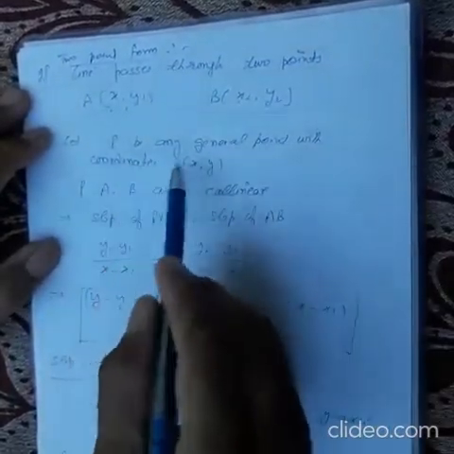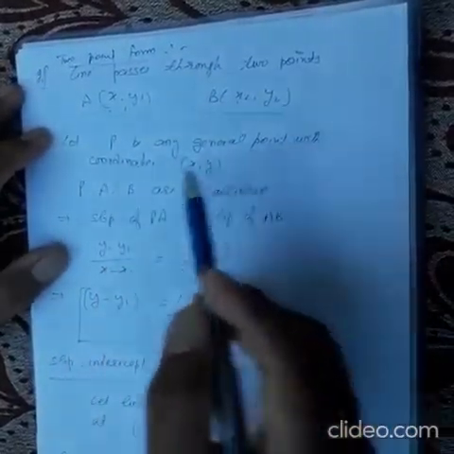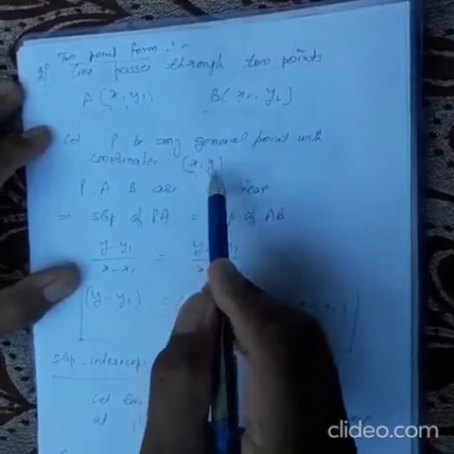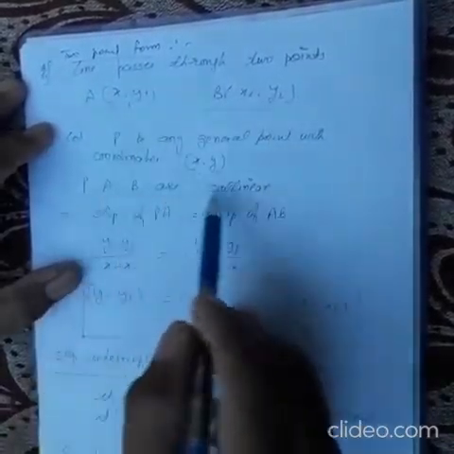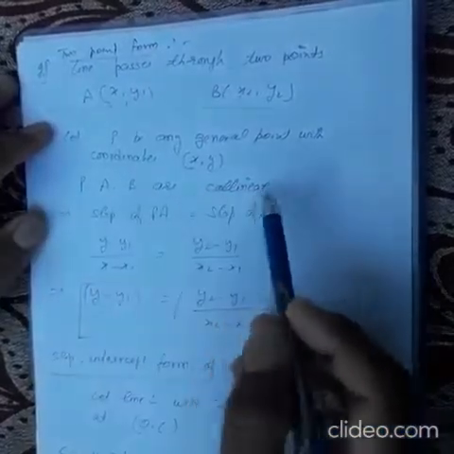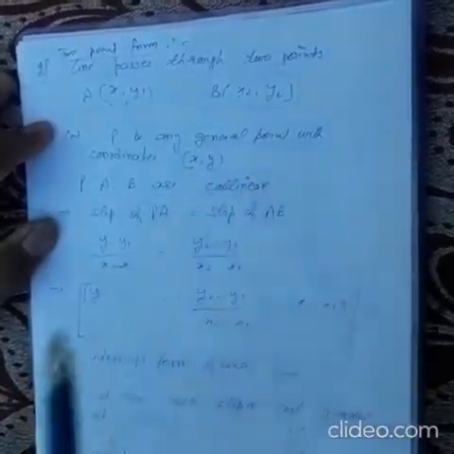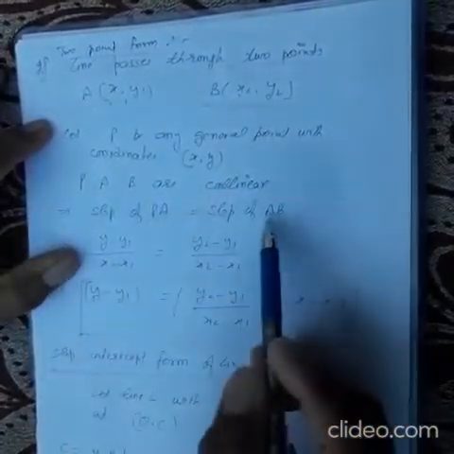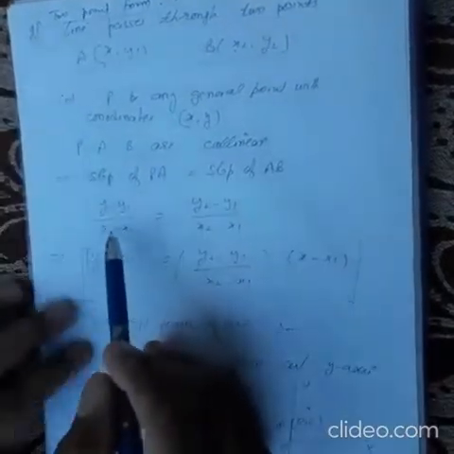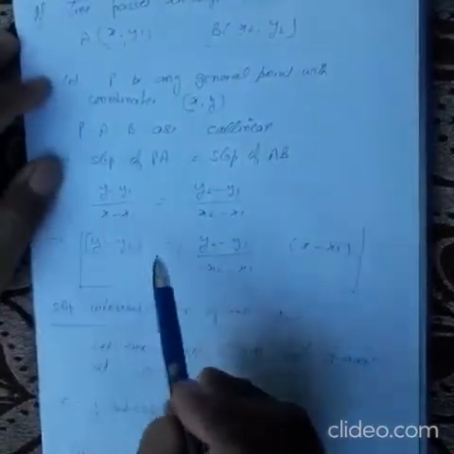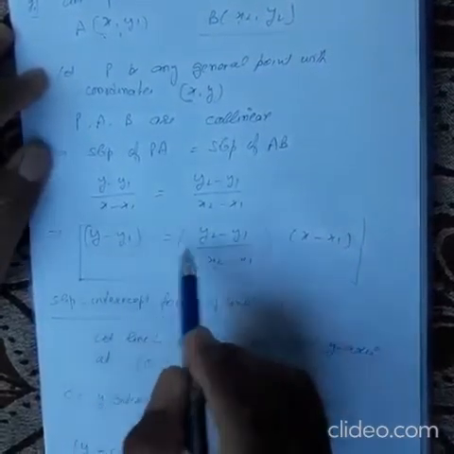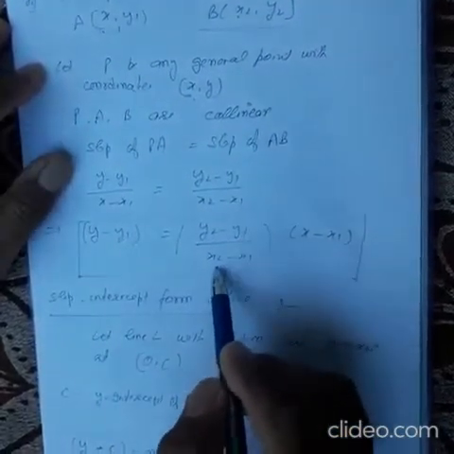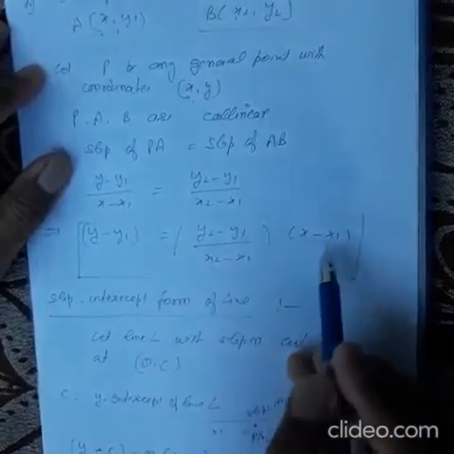Now if P is any general point with coordinates xy, it means P, A, B, they all lie on the same line. They are collinear. If these are collinear, it means slope of PA will be equal to slope of AB, and using slope method, y minus y1 is equal to y2 minus y1 upon x2 minus x1 into x minus x1.